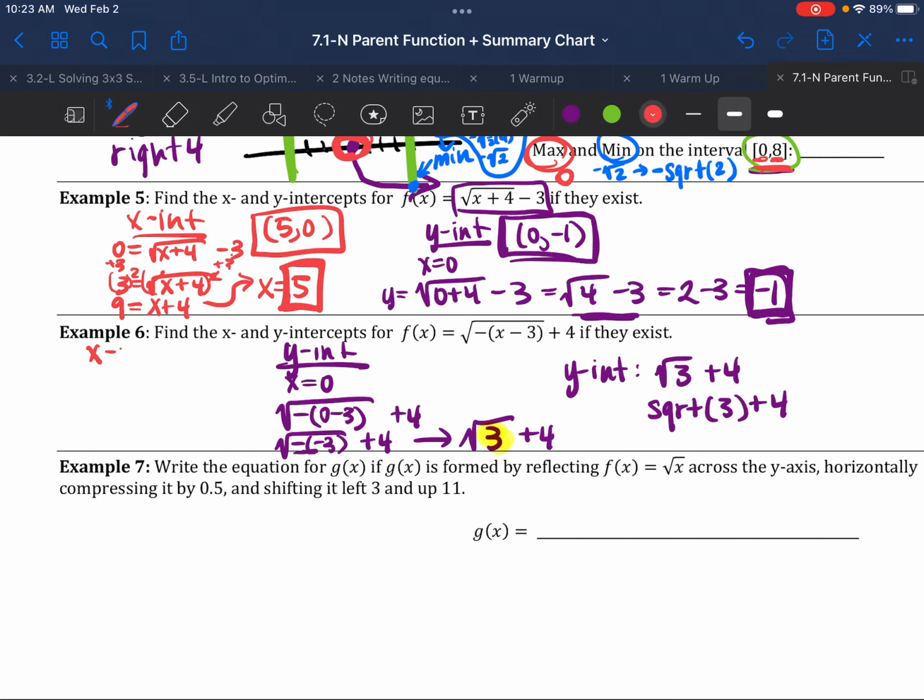All right, for x-intercept, plug in 0 for the y. And so 0 equals square root negative x minus 3 plus 4. First thing we're going to do is subtract 4 from both sides.